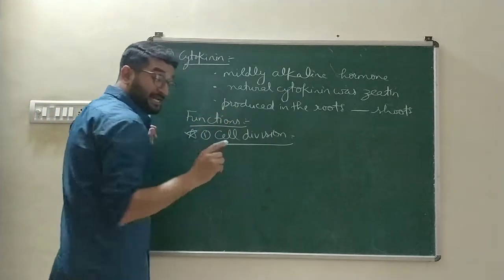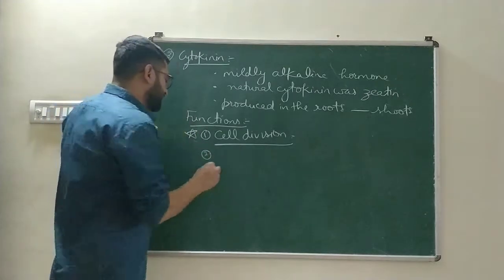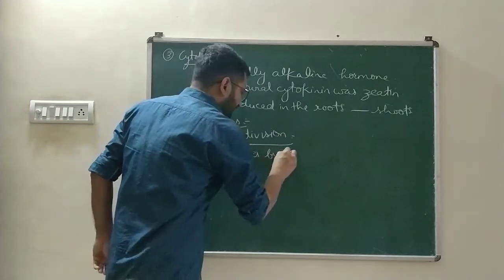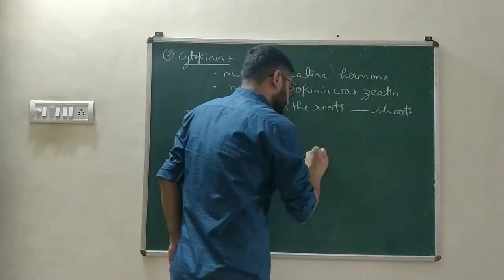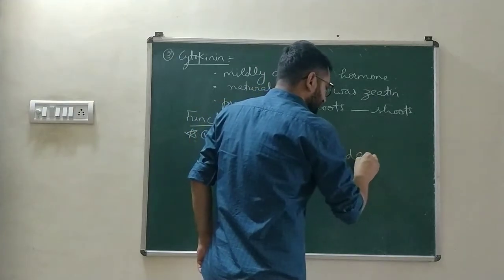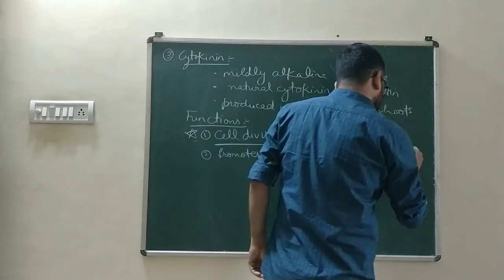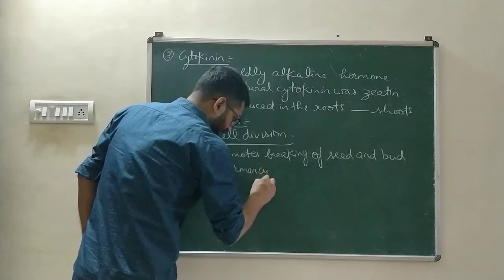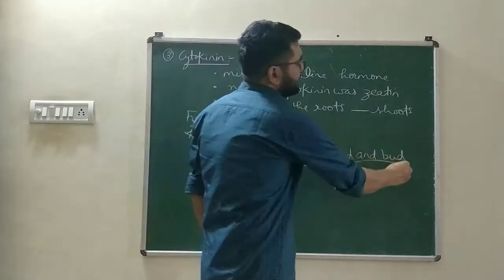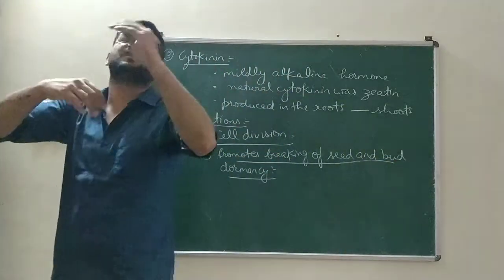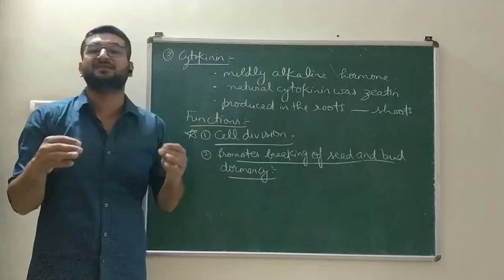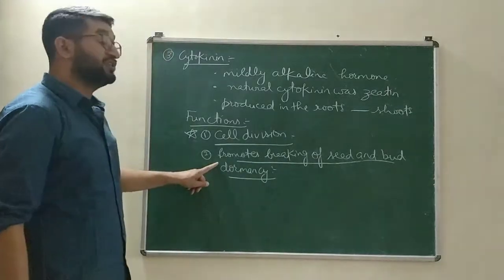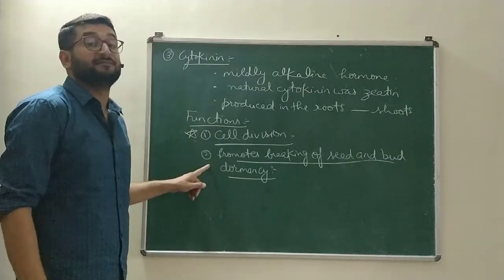Next, like that of gibberellin, it also promotes the breaking of seed and bud dormancy. It helps the seeds and buds to get converted into a new plant or a flower very easily. So it promotes the breaking of seed and bud dormancy. This function is same for the gibberellin as well as for the cytokinin.